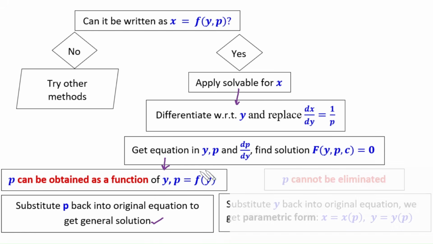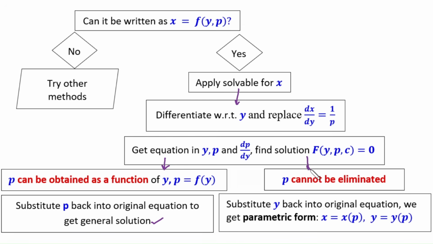On the other hand, if it is not possible to eliminate p from the solution, in this case, rather than finding the value of p, we will find the value of y in terms of p and substitute y back into the differential equation, and then it will result in x as a function of p. y was already a function of p, now we are getting x as a function of p, and this type of form is called a parametric form of solution where p acts as a parameter.